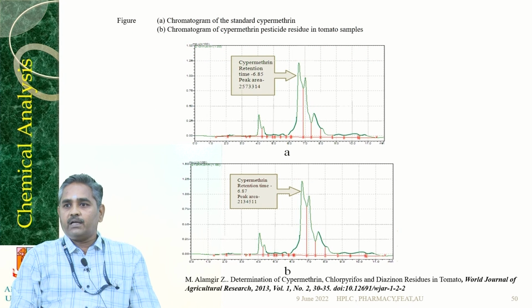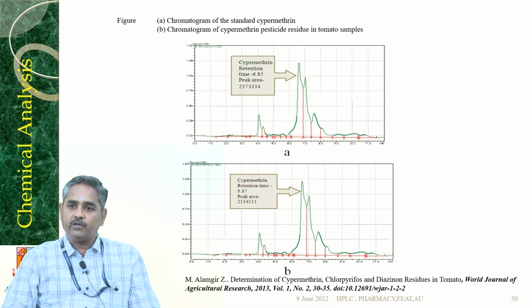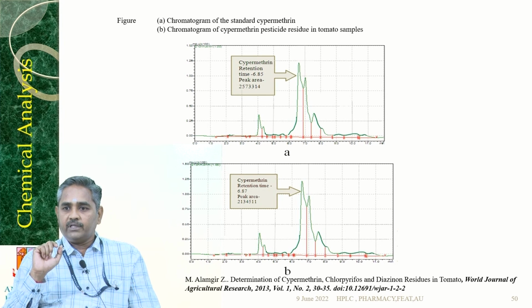This is the chromatogram of the standard cypermethrin. The first chromatogram, A, is the standard cypermethrin, and the second one is the cypermethrin pesticide residue present in tomato samples. For the good growth of the tomato, they are spraying cypermethrin pesticide.